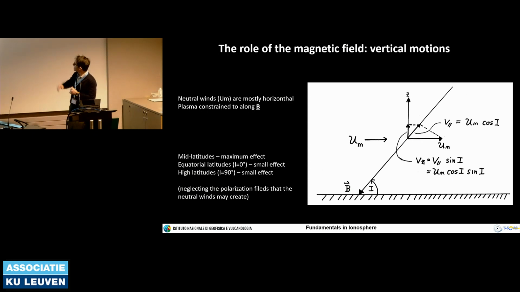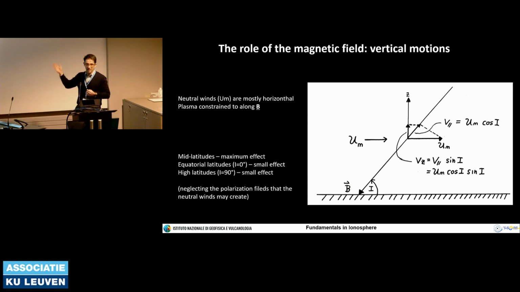If you see this simple calculation in which you take into account the inclination of the field and how this converts into movement of the plasma, you may see the dependence of the velocity on the vertical component, dependent on the cosine and sine of the inclination angle.